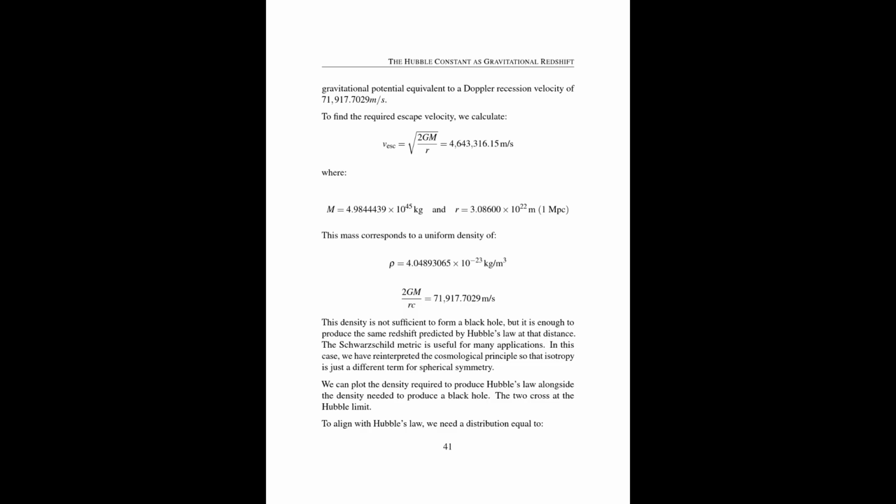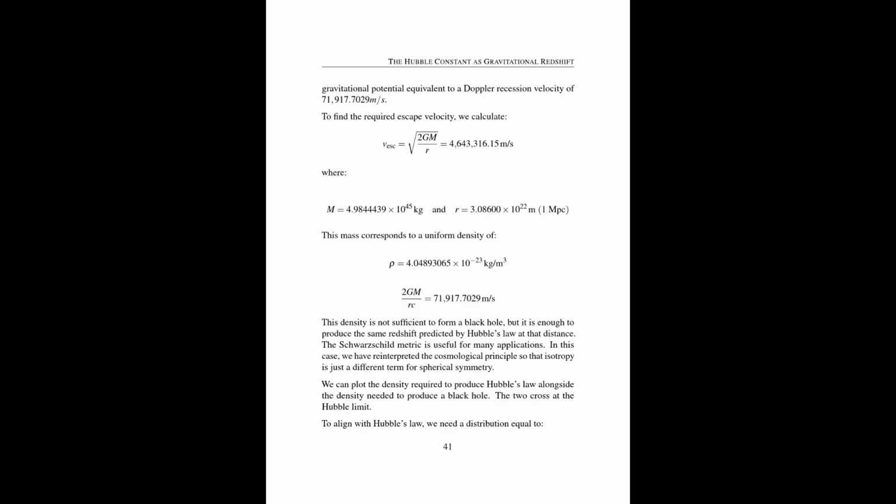This corresponds to a uniform density of around 4 times 10 to the negative 23 kilograms per cubic meter, or 71,972 meters per second. This density is not sufficient to form a black hole, but it is enough to produce the same redshift predicted by Hubble's law at that distance.